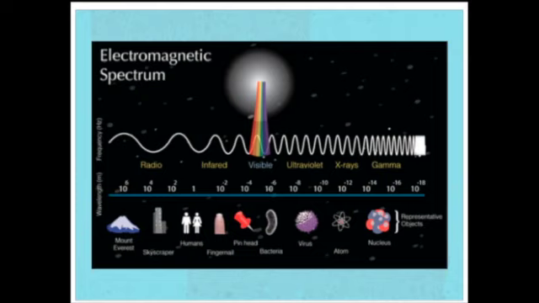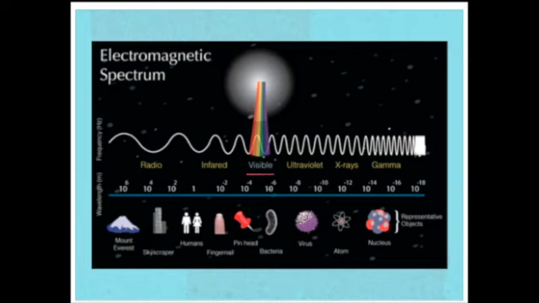Below that, you have some diagrams that show you about how big these things are that we're talking about. 10 to the 6 would be about the size of Mount Everest. 1 meter would be about the size of a human. Down here around ultraviolet, those wavelengths are about the same size as a virus, and so on down the line. Notice in the middle of this diagram you have visible light.